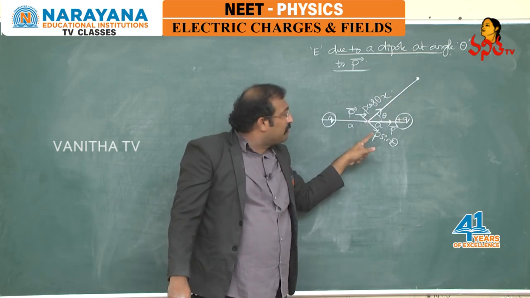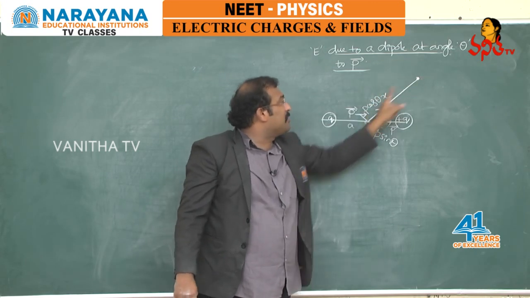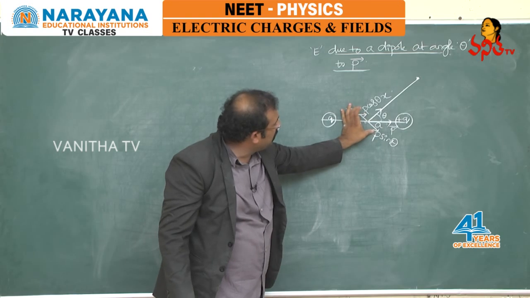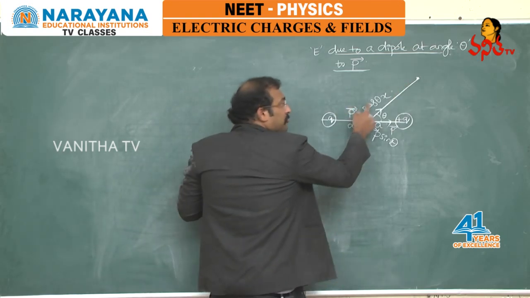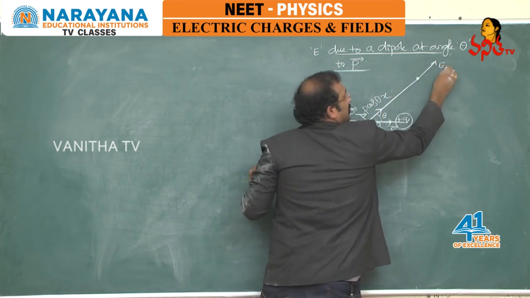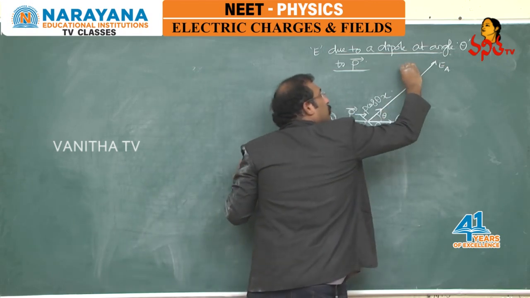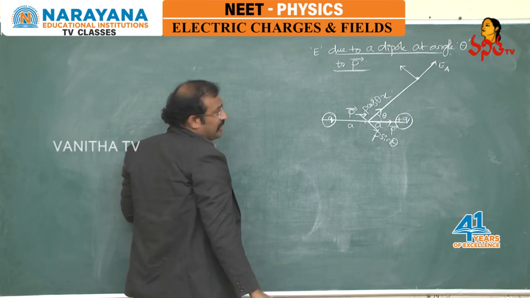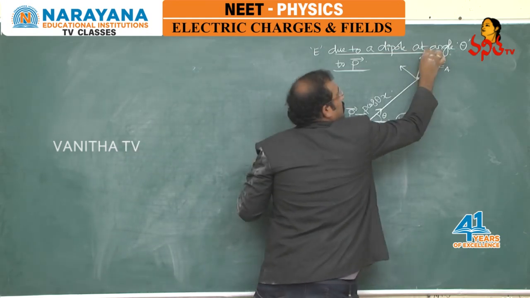For a dipole moment of p sin theta, this point is on the equatorial line. So because of p cos theta, the electric field will be like this, along the axial line. Because of p sin theta, it will be opposite to the dipole moment p sin theta, like this. The net electric field would be somewhere in between.